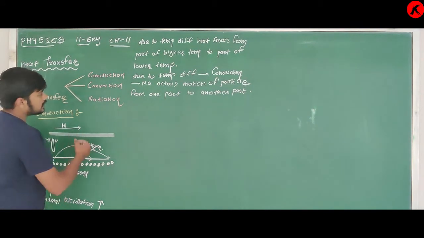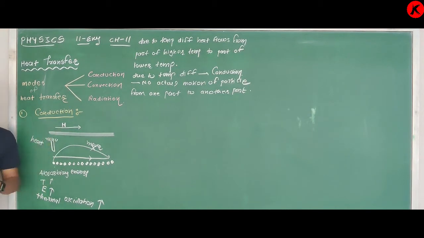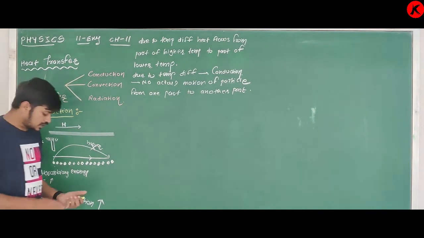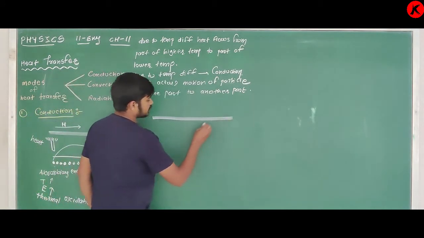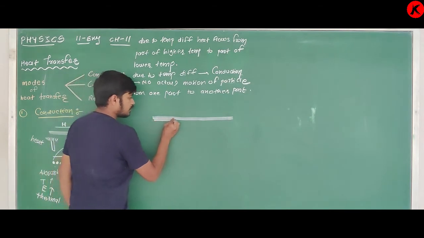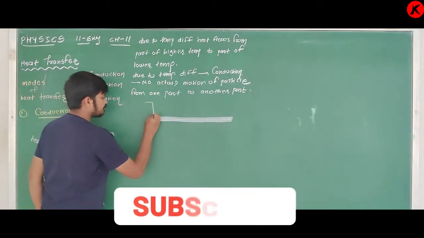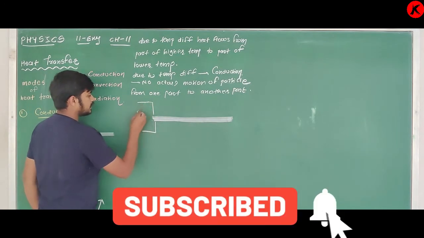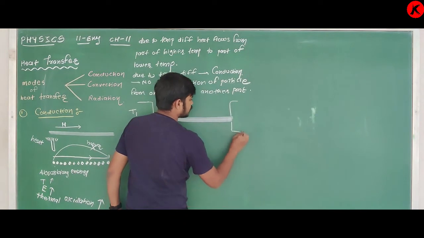In conduction, this heat flow is due to temperature difference. So on what quantities does this heat transfer depend? Suppose you have a conductor like this, which is maintained at two temperatures, here T1 and here T2.